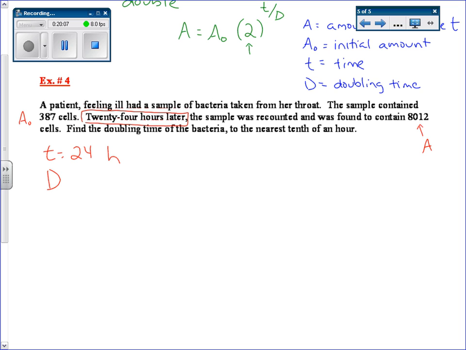So now we're solving for the denominator of the fraction. Same calculations we did before, but our cross multiplying and dividing is going to look a little different. So we have 8,012 is equal to 387 times 2 to the power of 24 divided by d. We'll divide both sides by 387.